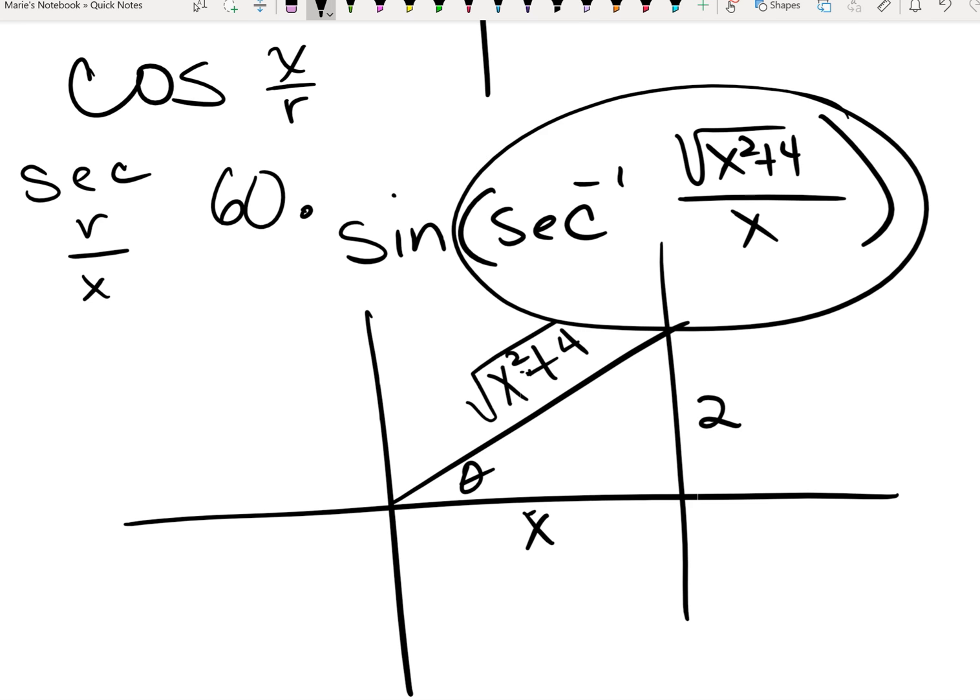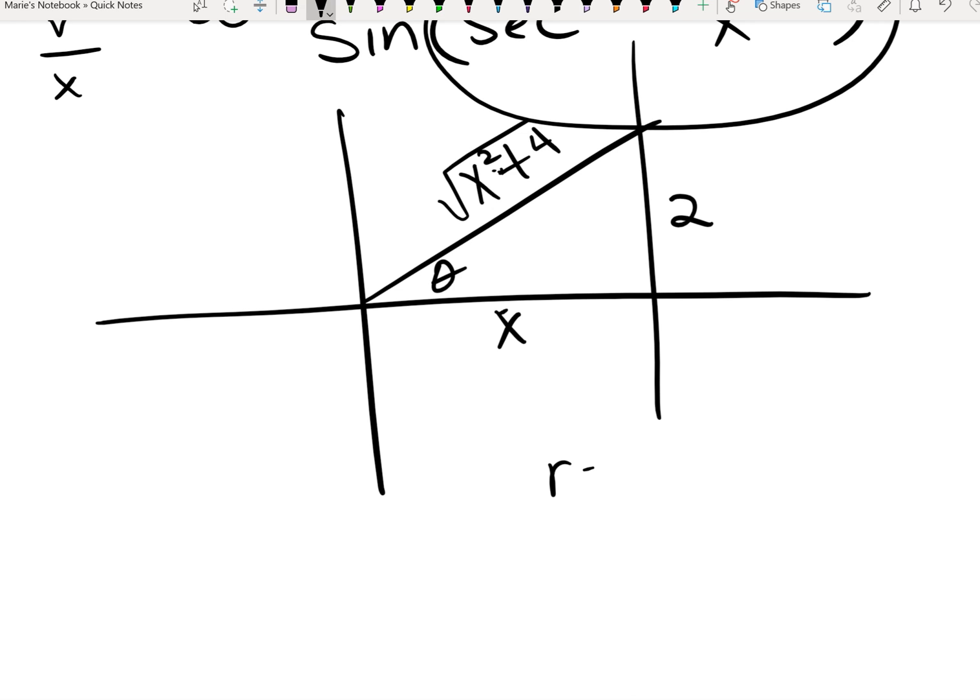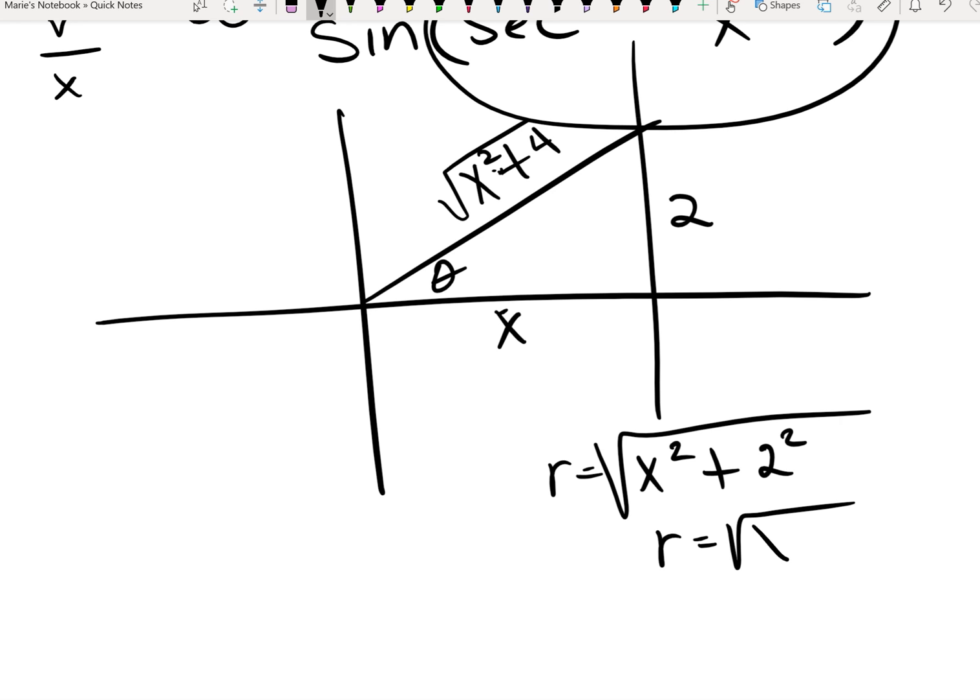Do the math. If r is equal to the square root of x squared plus y squared, doesn't this give you r equals the square root of x squared plus 4? Aha! Light bulb went off. Okay.